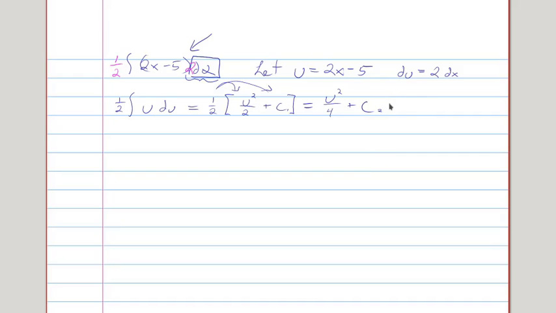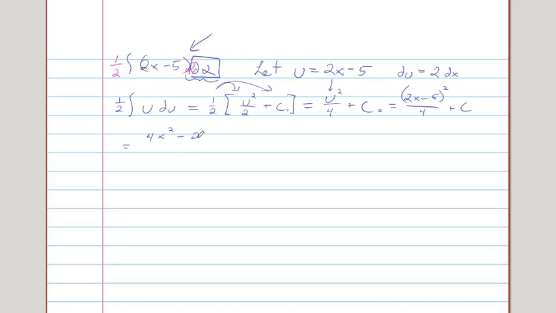Okay, so if I were to plug u back in, this is what we'd have. I just plugged what I had for u back in. I've got it squared. So simplifying it, hopefully we end up with the same thing that we had in the original integration.